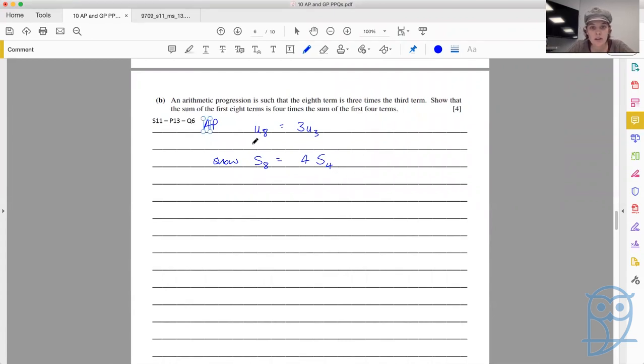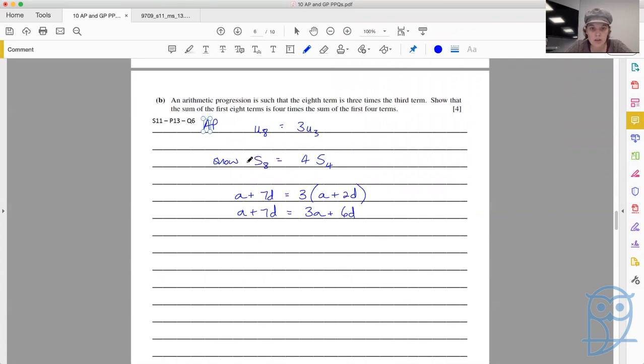Right, so U8 is a plus 7d, and this equals 3 times a plus 2d. So a plus 7d equals 3a plus 6d.